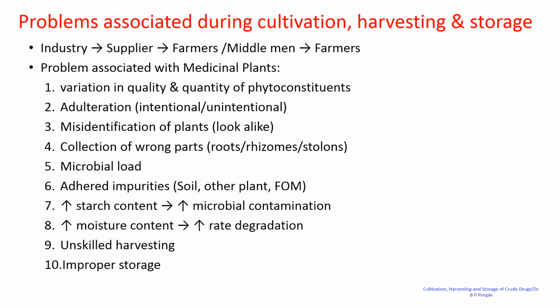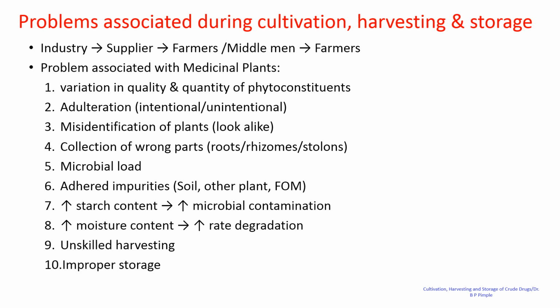Storage of the crude drug: generally all the crude drugs are stored 1 or 2 feet above the surface of the ground, because there are chances that rodents or insects, crawling insects, may attack the crude drug, or sometimes even water, if it is lodged in the storehouse, may cause problems to the crude drug.